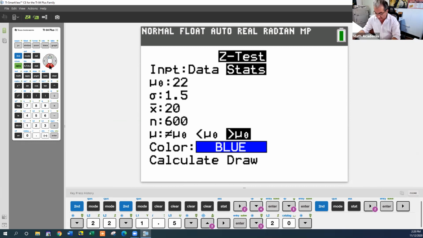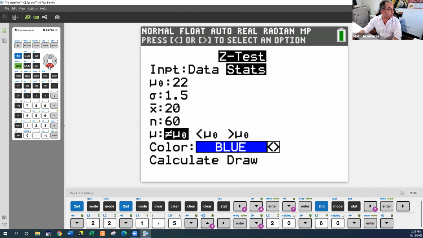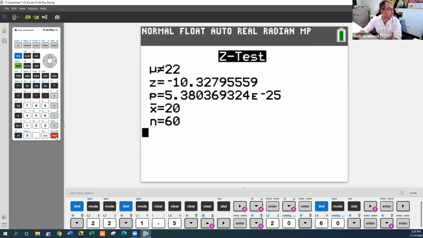And our sample size here was 60. So you go down, you look at your H1, it was not equal to, so the first one is the right one. And you calculate.